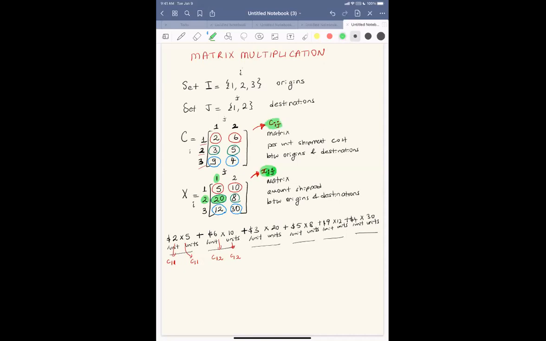So what we did is we took each Cij, multiplied it with the corresponding amount of the same origin-destination pair. And we did this how many times?